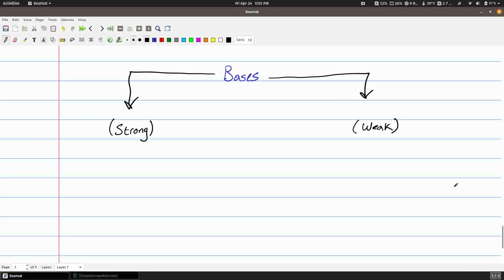For a base, we put BOH is equal to B plus OH negative. And then over here, same thing, it's just going to have an equilibrium arrow.